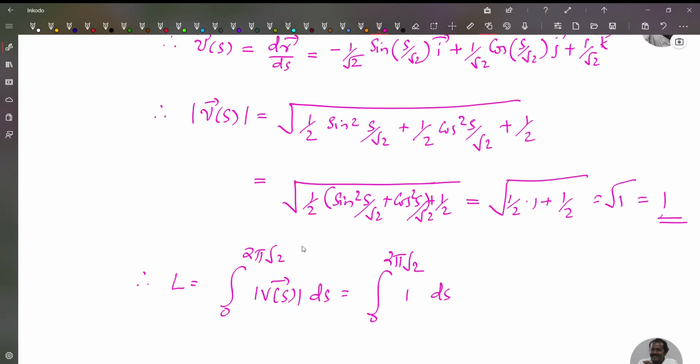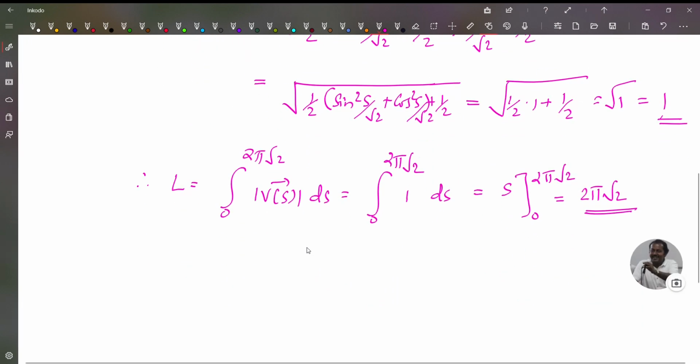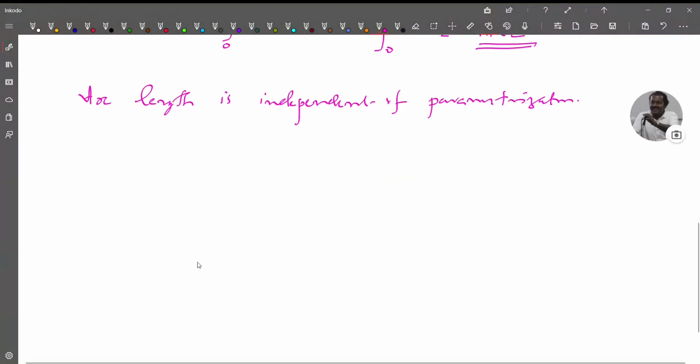So this is s from 0 to 2 pi root 2. So this is 2 pi root 2. That is, the arc length is independent of the parameterization.